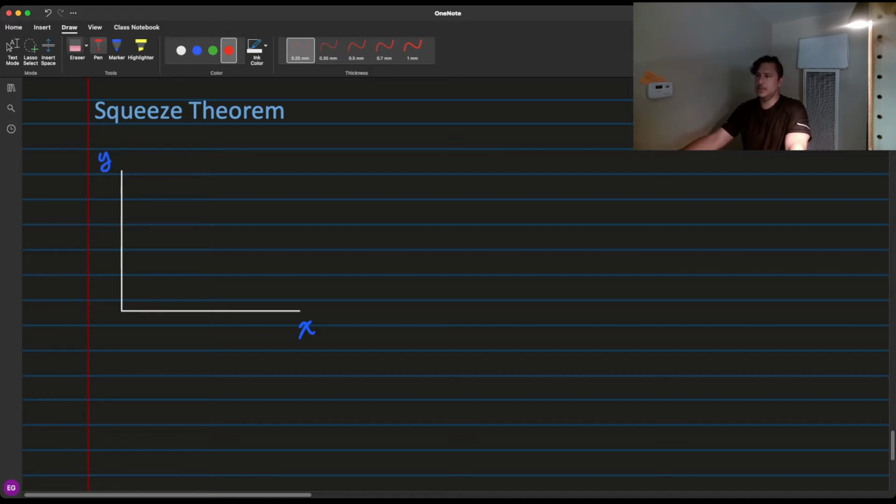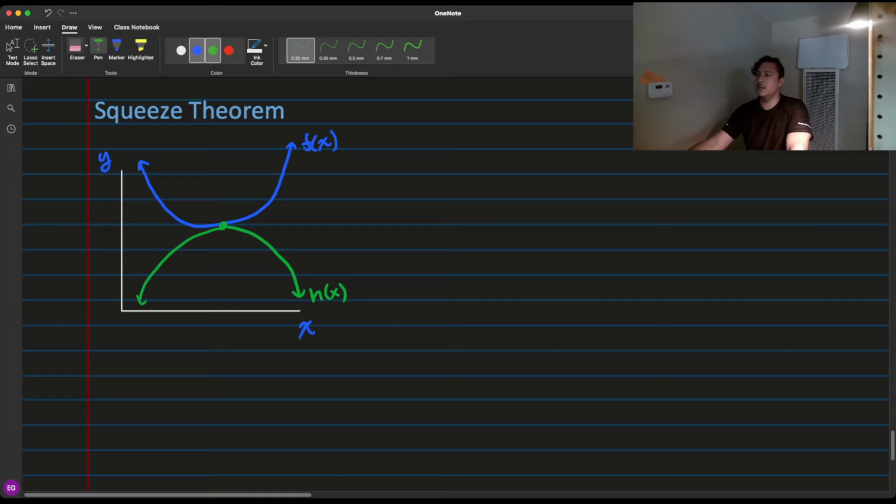Okay, and then I'm going to draw in two different functions. So this one right here is going to be f of x. And then this function is going to meet right there and then go down. This is going to be my h of x.